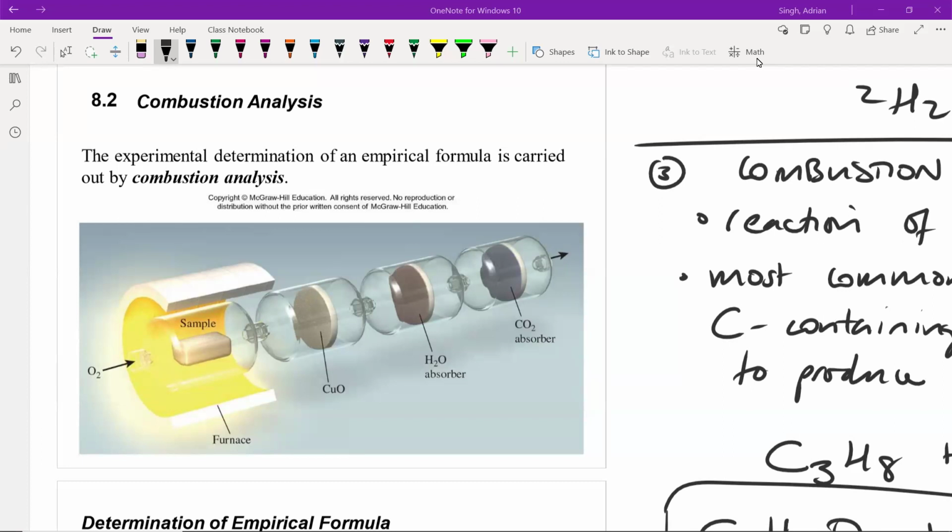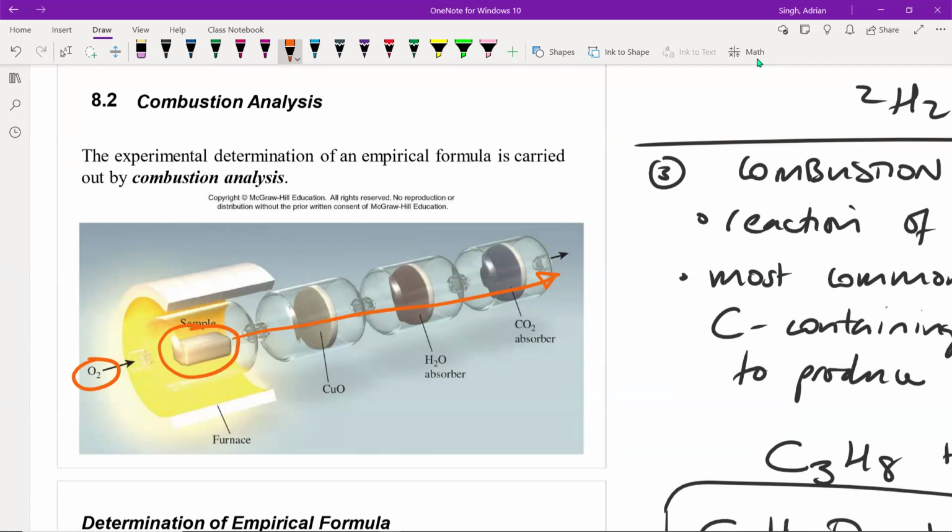We can take a substance, or a sample, whatever that sample happens to be, and we can subject it to combustion. That means reaction with oxygen. We do that in a furnace, and once the gases are produced, we can funnel those gases through different regions where the different products are trapped at each station.